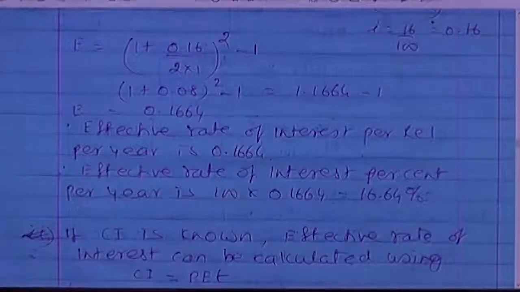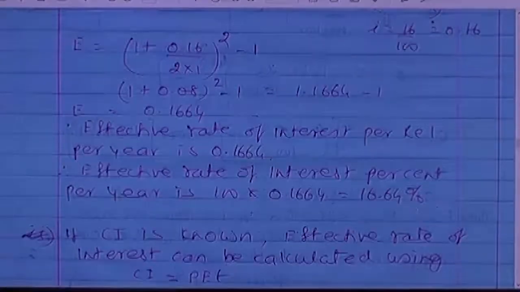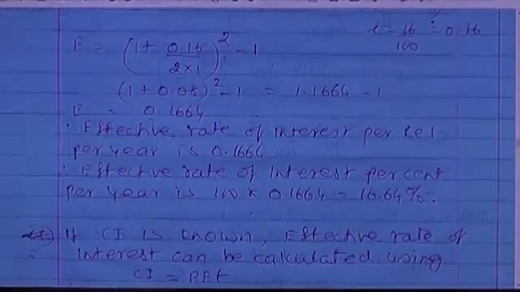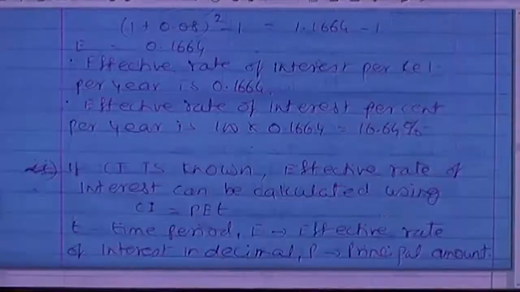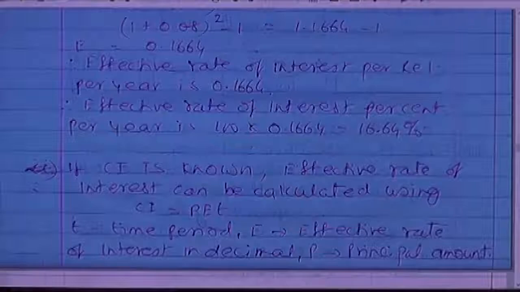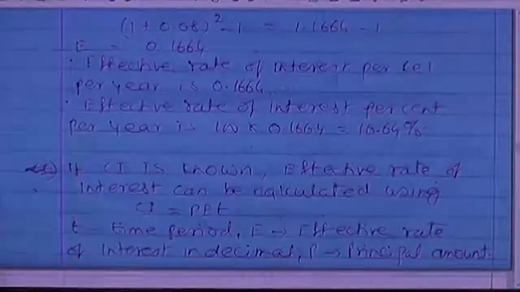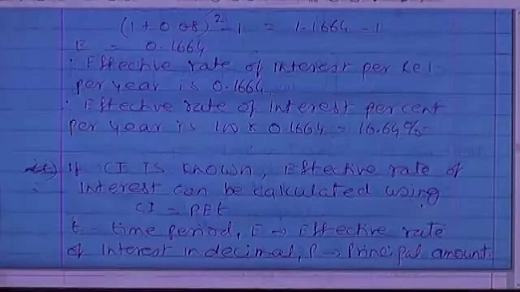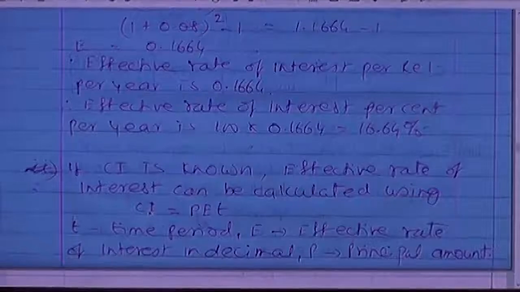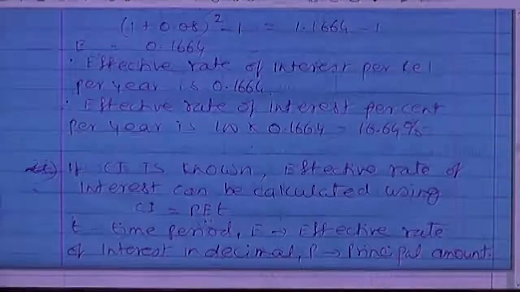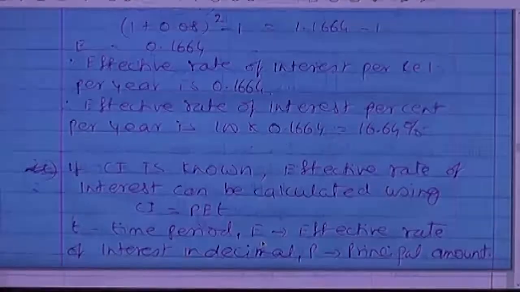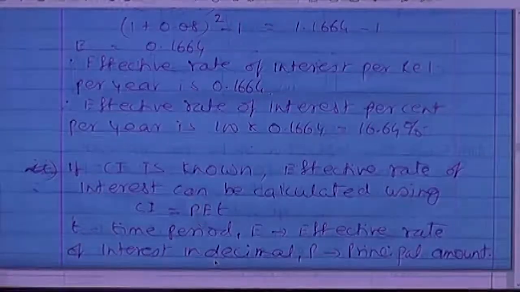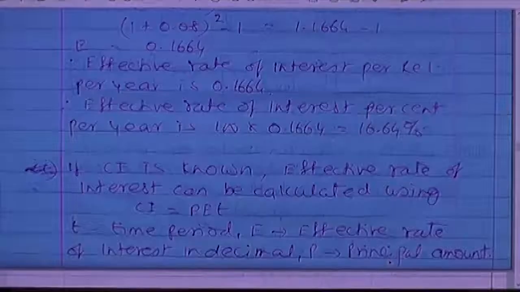So your effective rate of interest is 16.64% per year and your nominal rate is 16%. Now please make a note here. If your compound interest is known, effective rate of interest can be calculated using the formula compound interest is equal to P into E into T, where T is the time period, E is the effective rate of interest in decimal, and P is the principal amount.